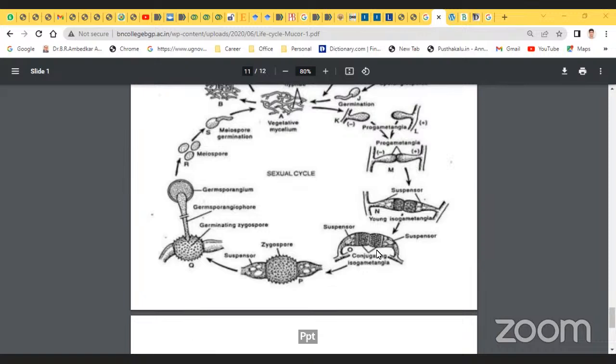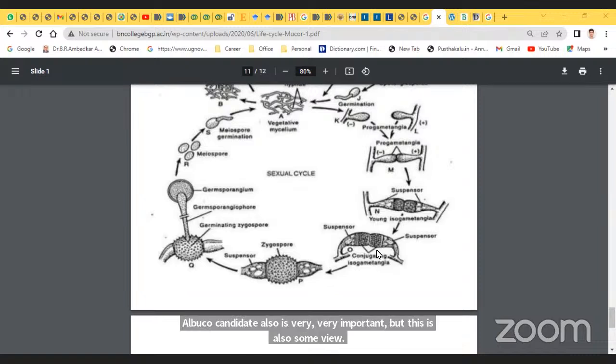Regarding the remaining type studies, Albugo candida is also very important. It is under Eumycotina, the Eumycetes.